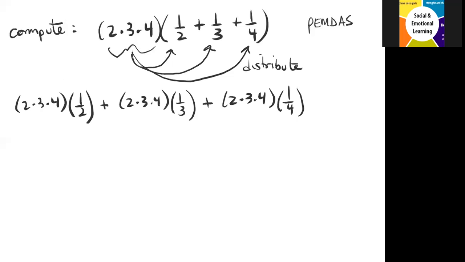Two times 4. Well, 2 times 4 is 8. But we're still going to get left with this 1/2 here. But if we think about reciprocal, what is 1/2 the reciprocal of?